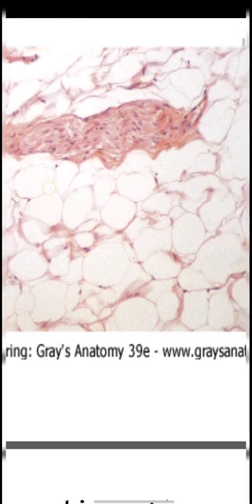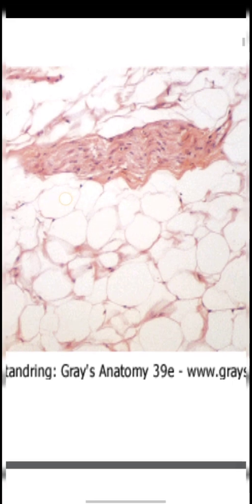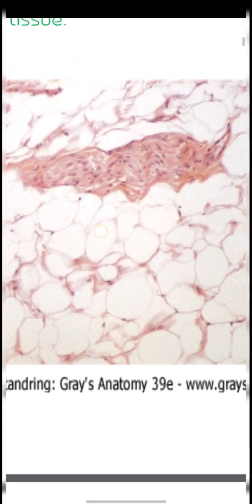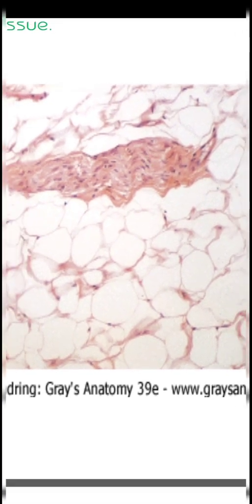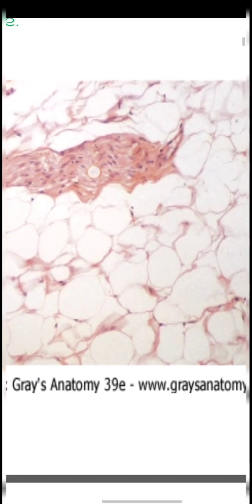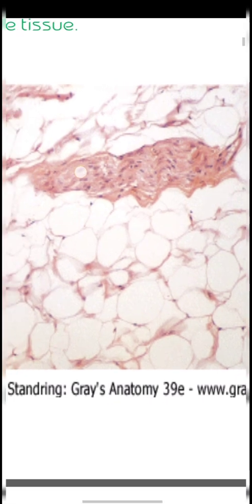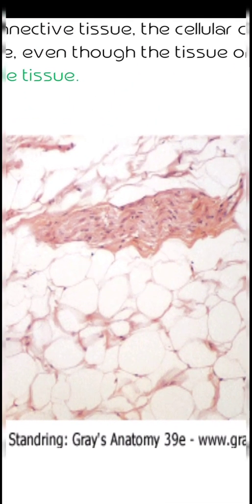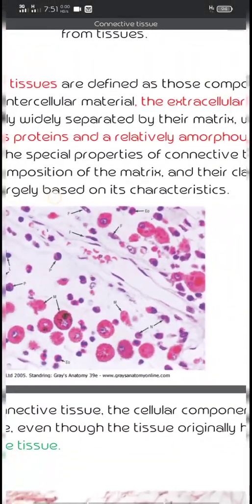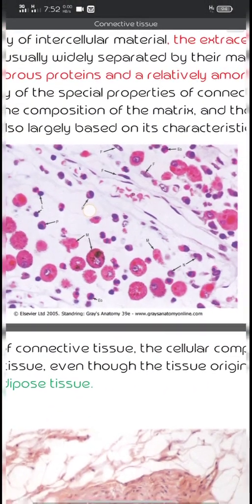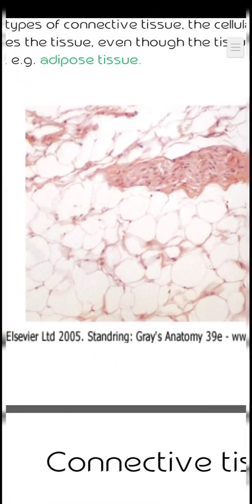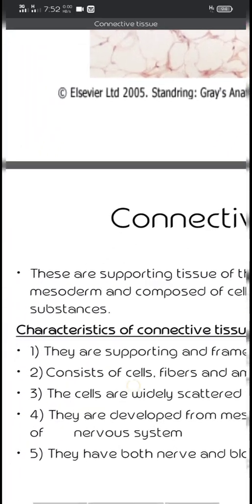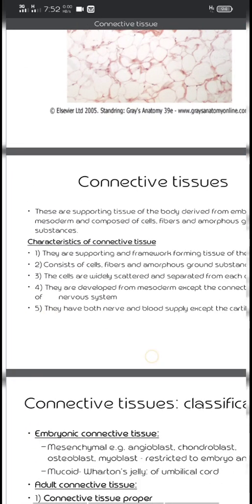So here these whitish parts are fat-filled cells, adipose tissue, and this brownish substance is extracellular matrix. All of these are fat cells. So the proportions may change from a greater concentration of extracellular matrix to a lower concentration in some tissues. Okay, let's go ahead.